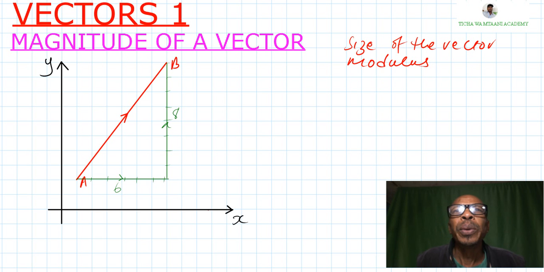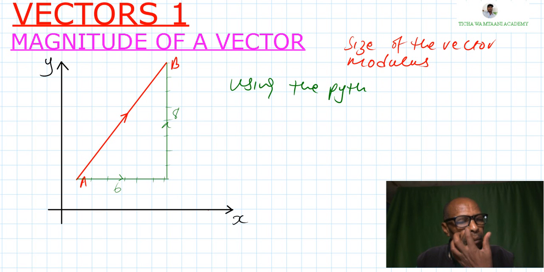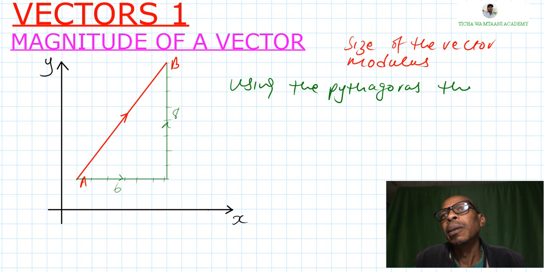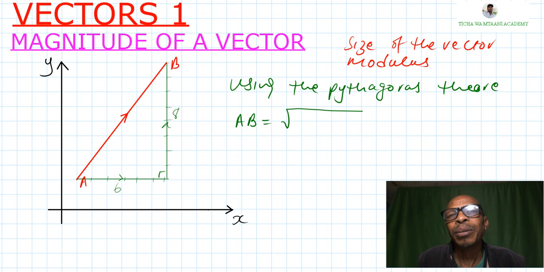So we can use the Pythagoras theorem, because this is a right angle triangle. We say AB is equal to the square root of 6 squared plus 8 squared. You remember the Pythagoras theorem? Hope so.